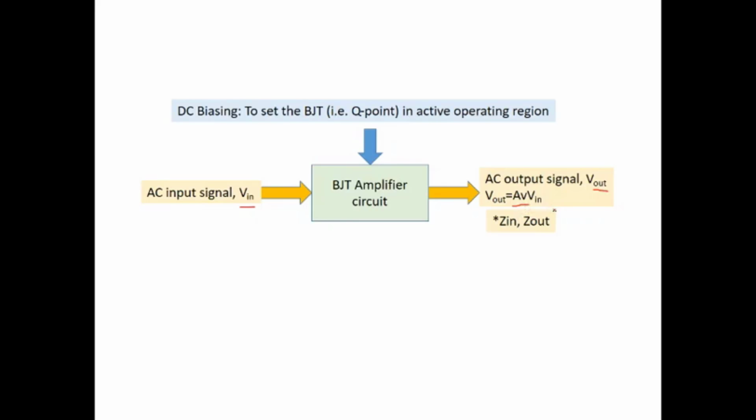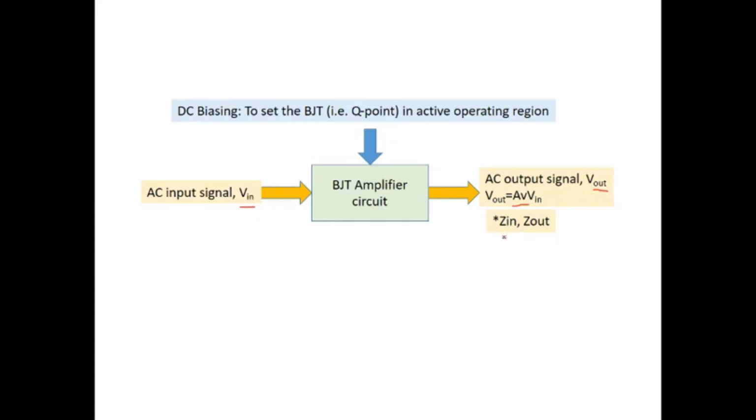The term voltage gain has already been covered in the previous class in the general amplifier model. When we do this kind of BJT amplifier analysis, we usually also need to consider the input and output impedance.